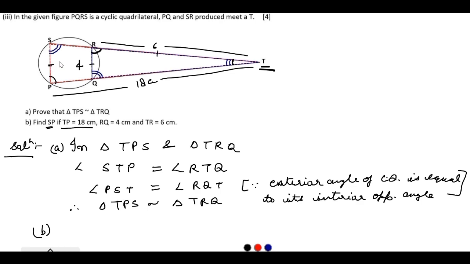Means if we consider both the triangles, in one triangle two sides are given and in other triangle one side is given and second we have to find. So we use properties of similar triangle. If two triangles are similar, then their sides are proportional.